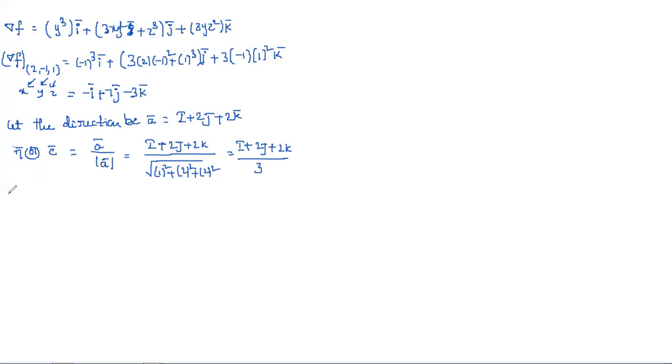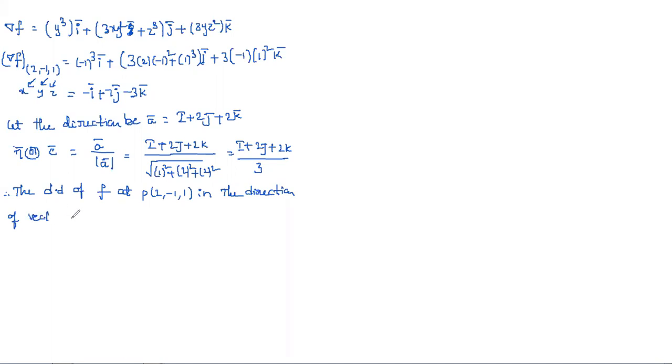So therefore now you need to find the directional derivative, right? The directional derivative of f at point P. So P is nothing but here we are choosing as 2, minus 1, 1, in the direction of a bar, in the direction of vector.